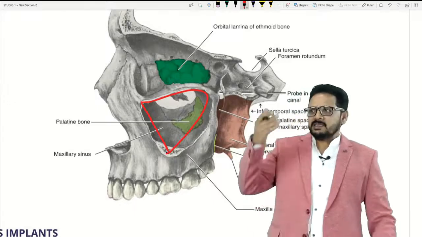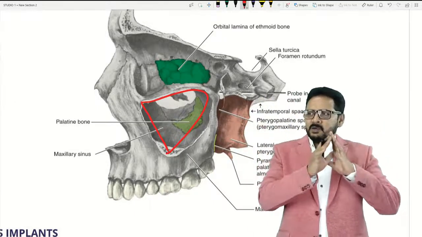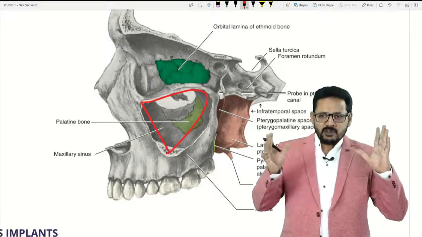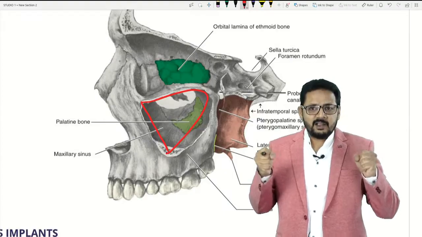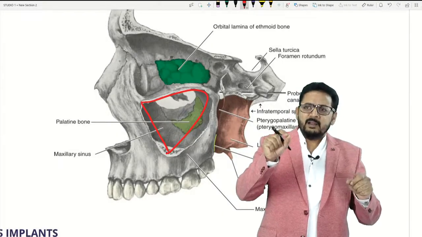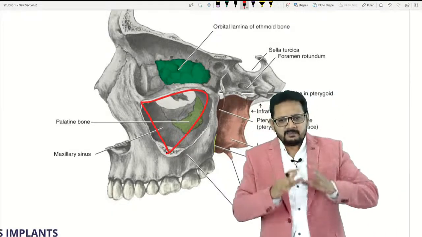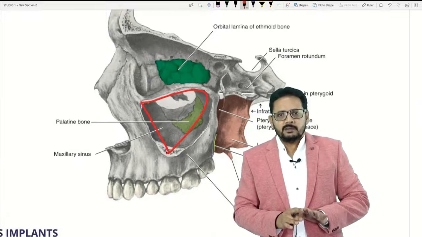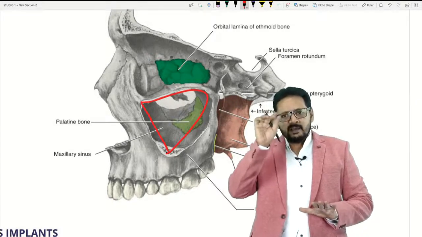Why? As soon as I see the OPG. First a patient walks in, he wants a full mouth implant. You're so excited, you feel like jumping on the chair that you got a full mouth case now. So you order an OPG, and the patient comes with the OPG. As soon as you see the OPG, all that excitement drains down, the simple reason being that you see the sinus is very close.